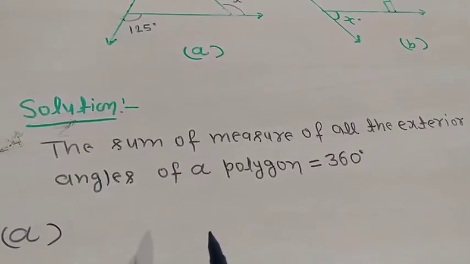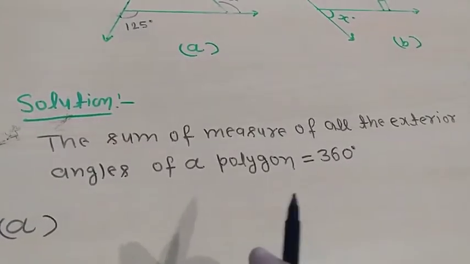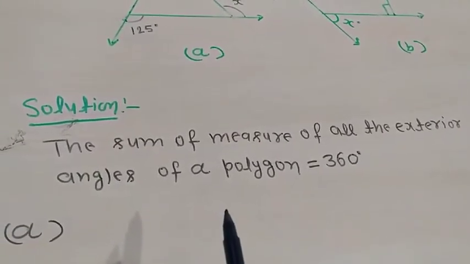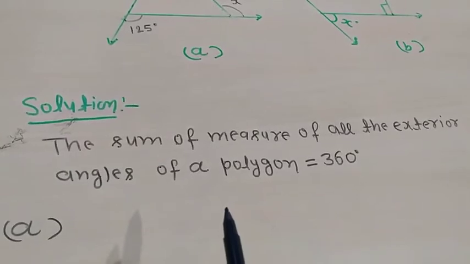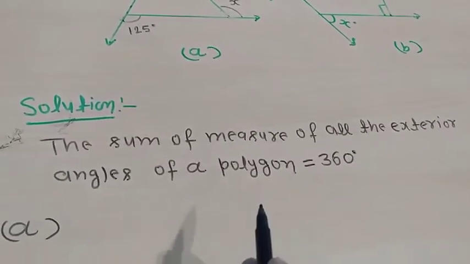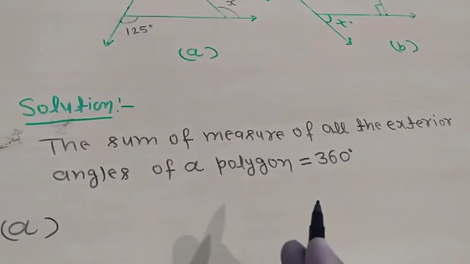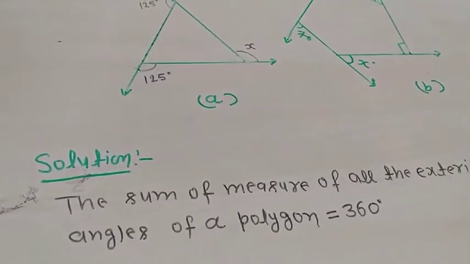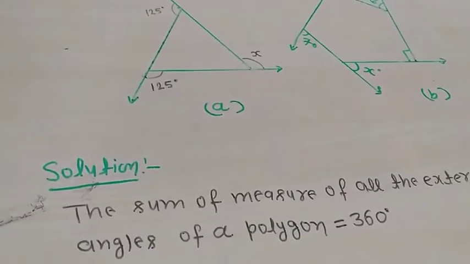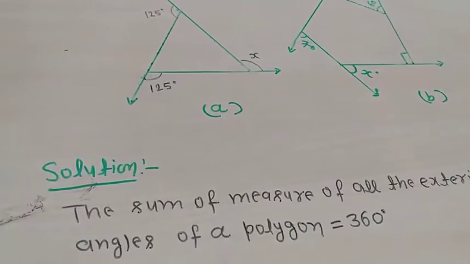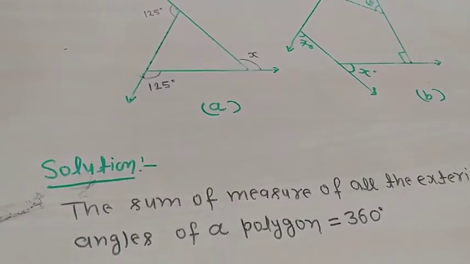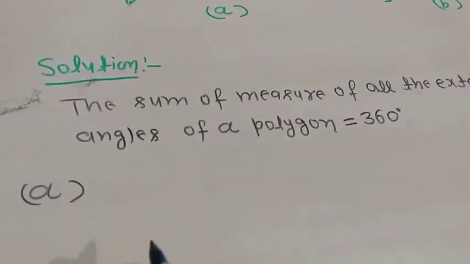This is the formula for exterior angles. The sum of the measures of all the exterior angles of a polygon is 360 degrees. So here you can see in the first part the exterior angles are 125, 125 and x.